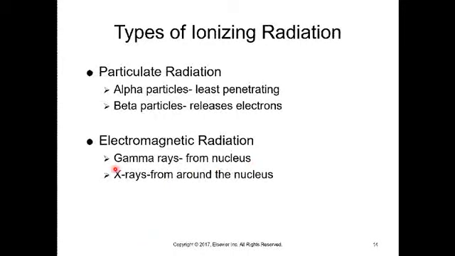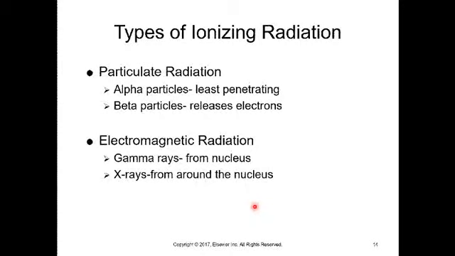Gamma is what you deal with in nuclear medicine. X-rays come from the electron cloud. They come from around the nucleus. So you can get them from braking around the nucleus, which is your brems, or you can get them from your orbital shells, which is your characteristic. So again, the difference between them is only their origin or where they come from.